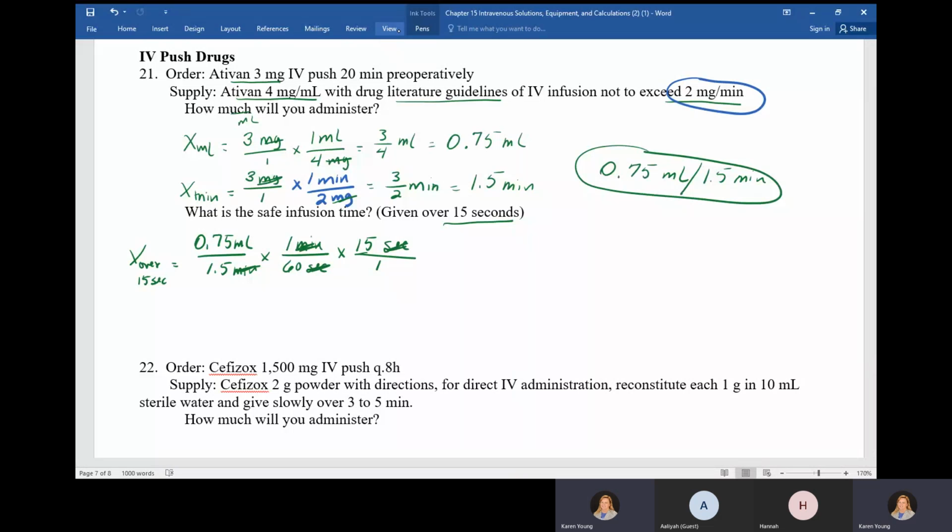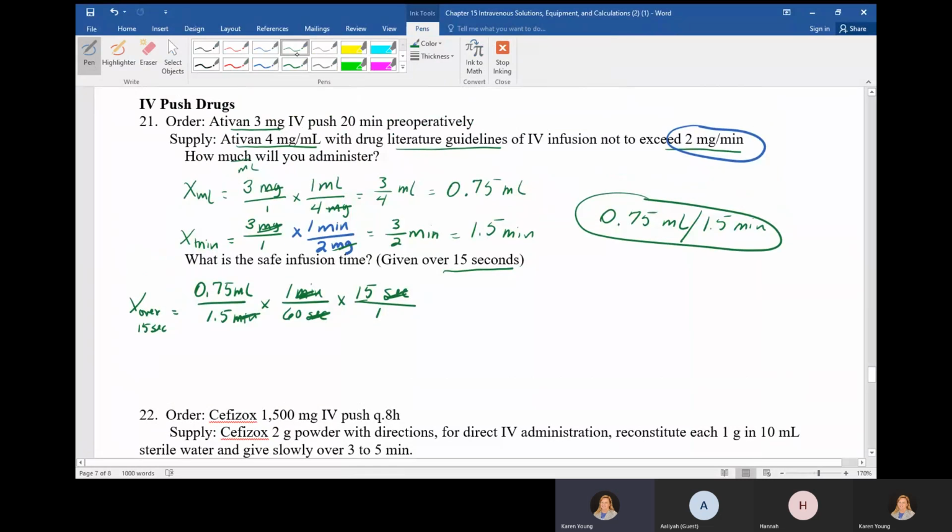And then I'm going to cancel. 15 goes into 15 one time, 15 goes into 60 4 times.